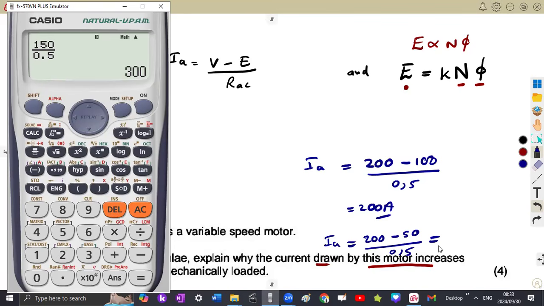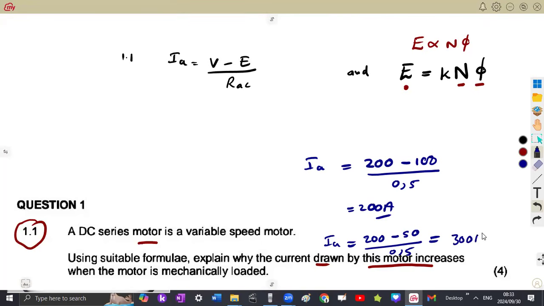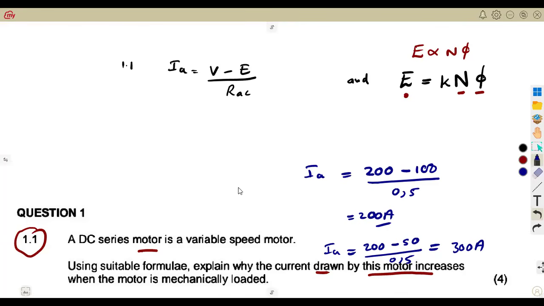That will give us 300 amperes. I'm not going to work with more values, but we need to see something here. E was 100, now it is 50. It has reduced.